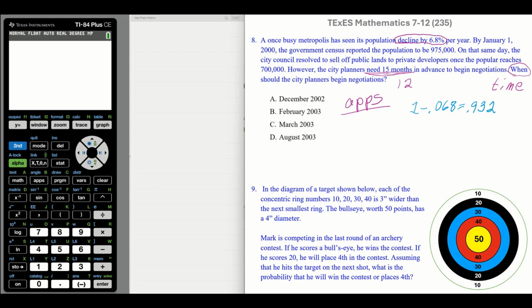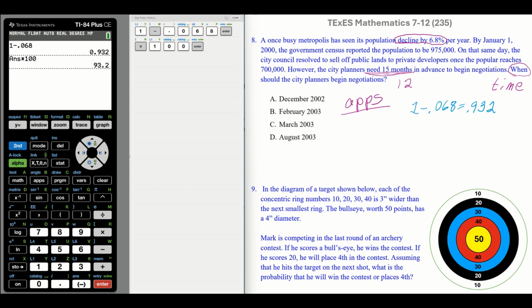And if you're not sure about that, let's just pop in 1.068, which would be the decimal version. That gives us the decimal version of what we need showing our decline. However, we can't put that in the app. So times 100 real quick so you don't make a mistake.